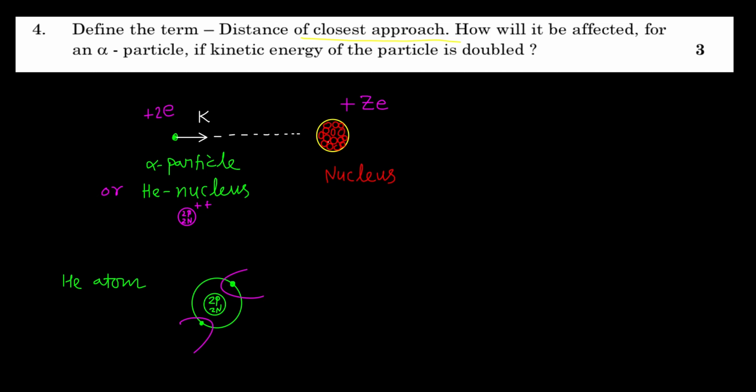Because this alpha particle and this nucleus both have positive charges, they will repel each other. So when the alpha particle approaches the nucleus, its kinetic energy will be decreasing because of the repulsion. It will keep on being slowed down, and at a certain distance after reaching close to the nucleus it will stop.